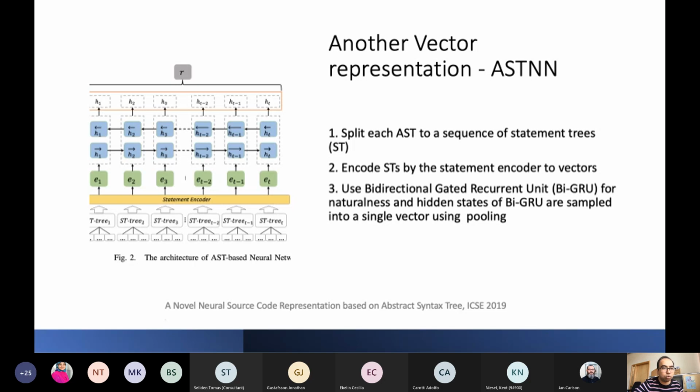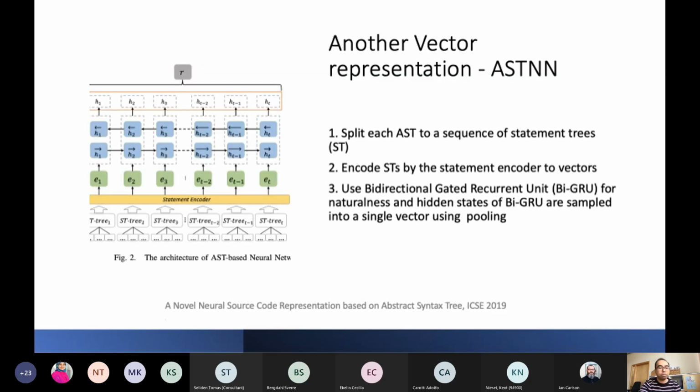Then these vectors are passed through a bidirectional recurrent unit, and pooling is used to transform this encoding into the AST representation of the whole code. So this is another way of doing that.